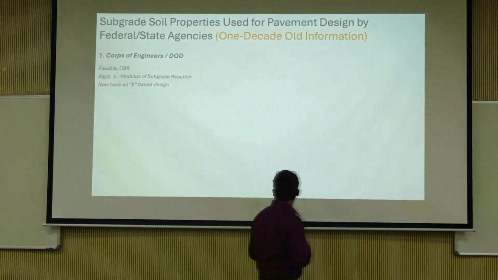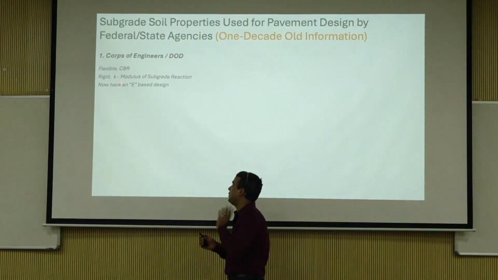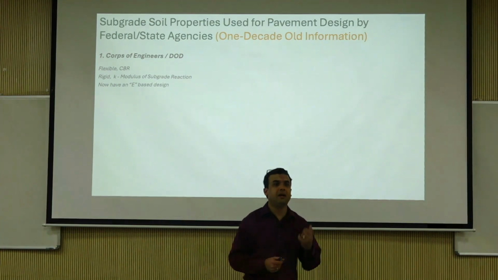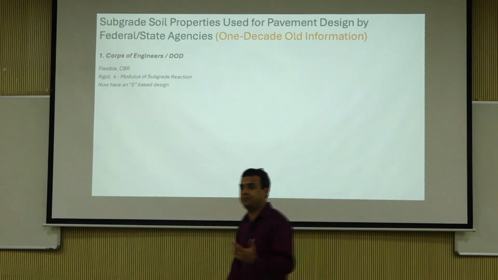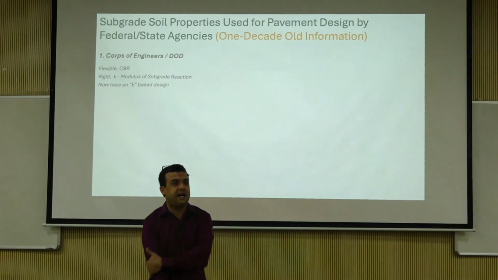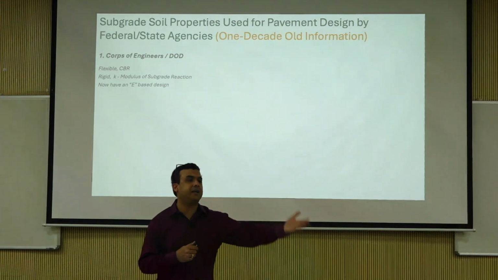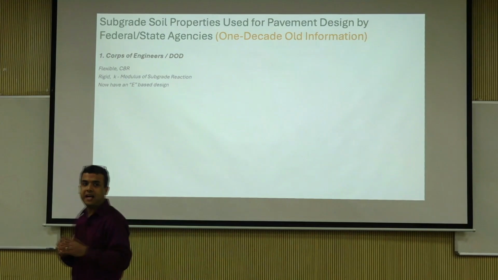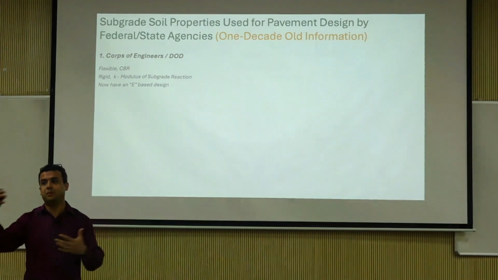Then there are other agencies. Corps of Engineers, for flexible pavements, they just do a CBR-based method, right? One of the main challenges of the Department of Defense is that when they are going to a new military base, when they are establishing it, they don't have 6 months to collect soil samples, wait for the results, and do a detailed characterization.